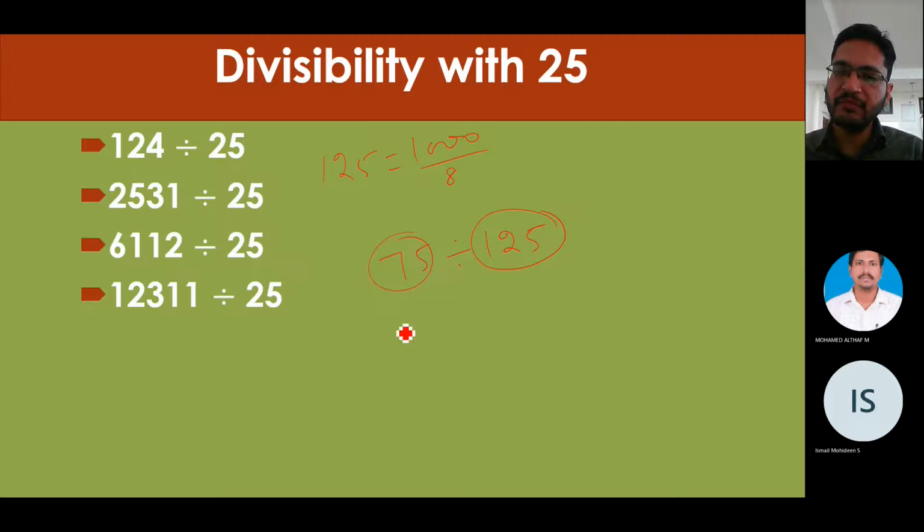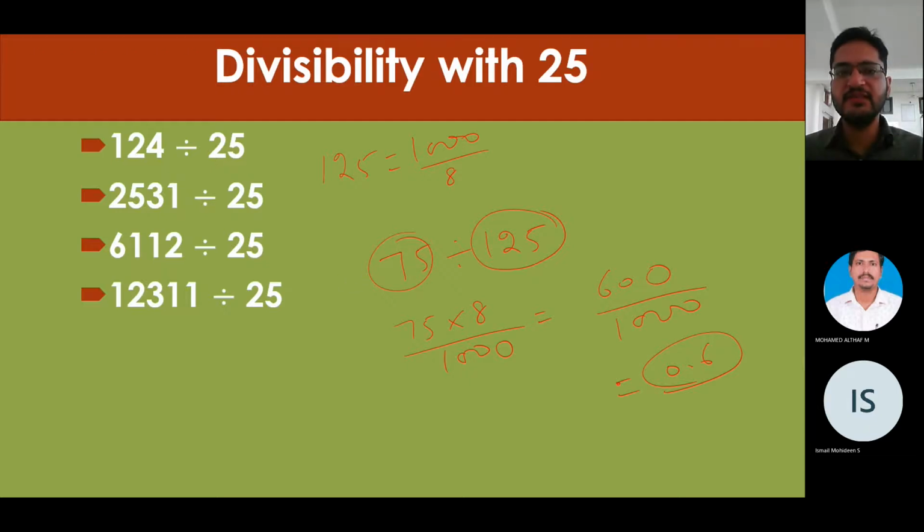So we can multiply this number with 8, and after that we will divide the answer with 1000. So it is 600 divided by 1000. So the answer is 0.6.